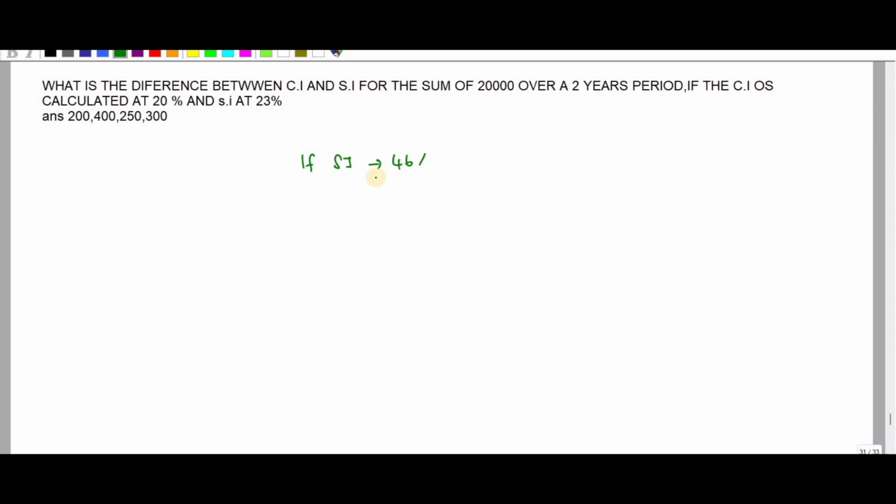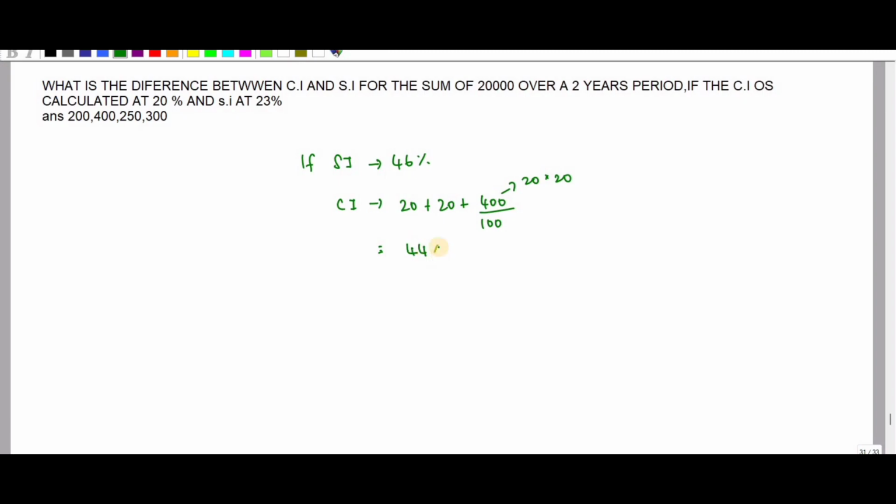For compound interest at 20% per annum for 2 years, it is 20 plus 20 plus 400 divided by 100. That is nothing but 20 into 20 divided by 100, so the total is 44%.